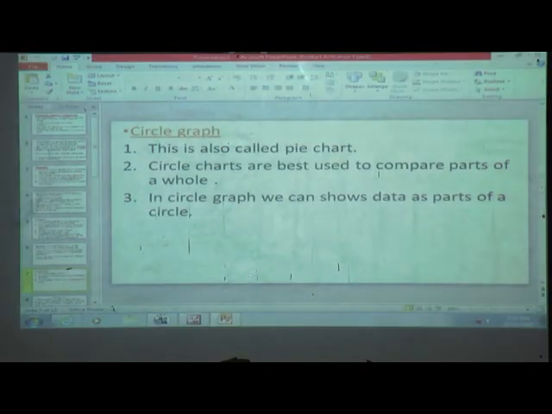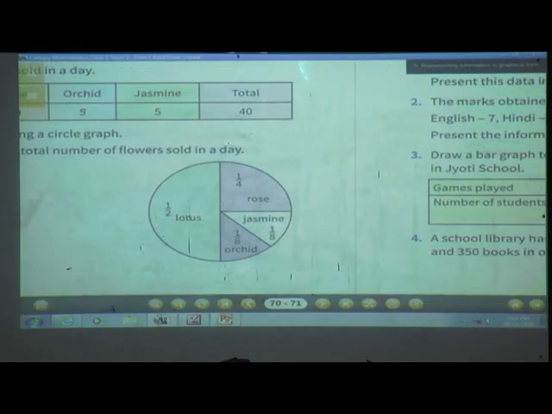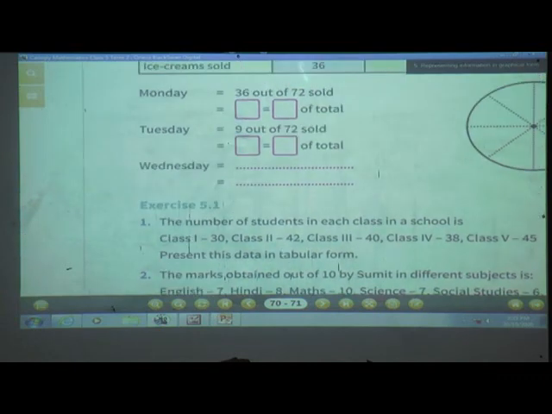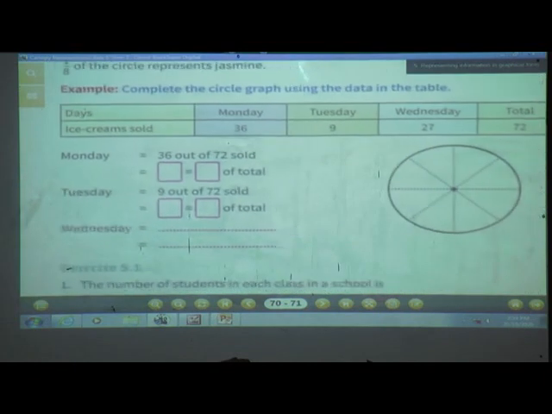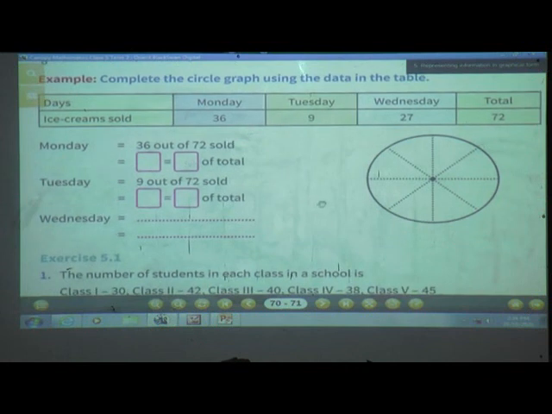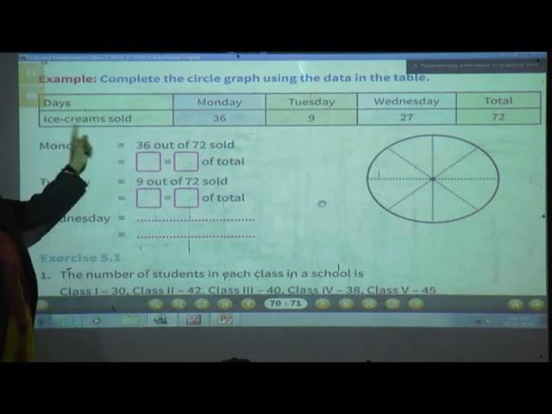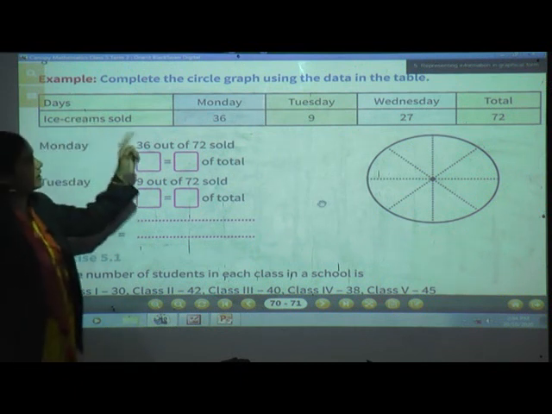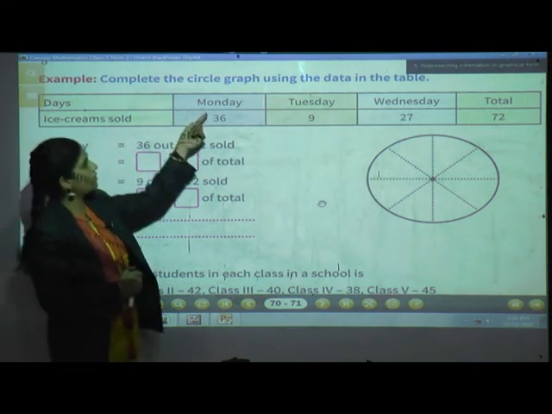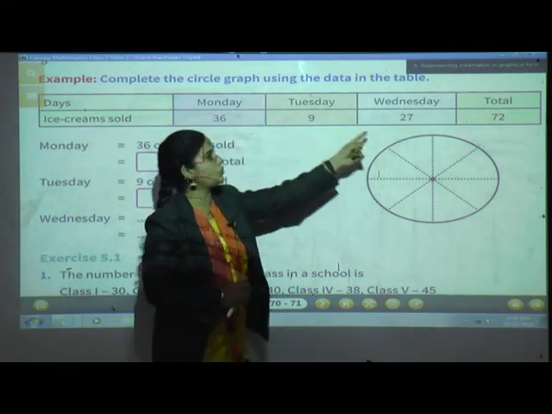Open the page number 71. Here they have given us one example. See it. Complete the circle graph using the data in the table. Here they have given days and ice cream sold. Monday, Tuesday, Wednesday. Ice cream sold 36, 9, 27.